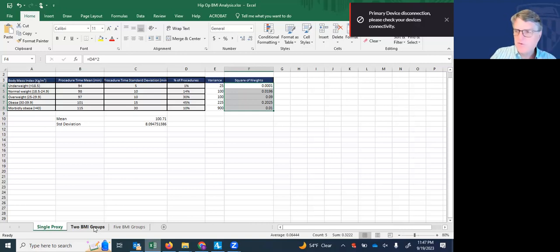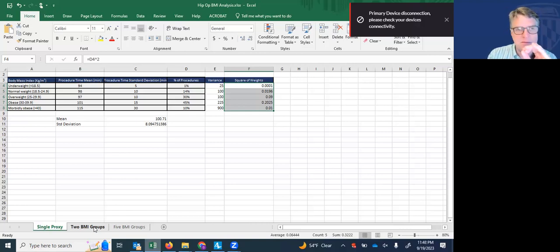We separate them into 2 groups, and this is just one possible proposal, that we assign lighter or lower BMI patients to track A and higher BMI patients to track B, with a hope that we continue to get what we're previously getting in terms of the surgery count, let's say 5 surgeries per day out of track B.